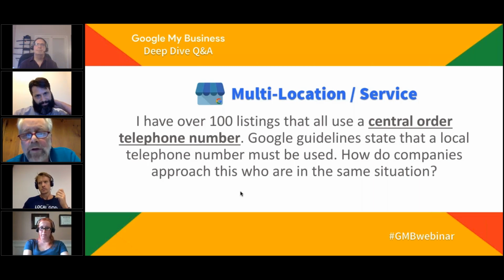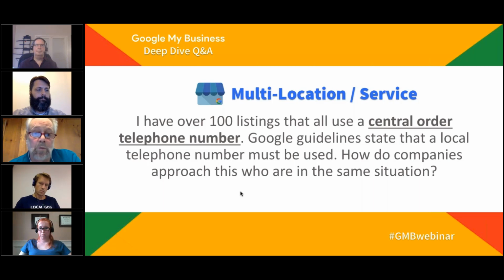I would add there's one other tactic, which is used by AT&T cell stores, which do have a local presence, but a lot of the calls coming into the local number are best handled at a national level. They use a sophisticated call tree. So the number is local, but choice 1 is get your billing update, choice 2 is get tech support, and choice 3 is contact the local location, which is what Google really wants: they want a person to be able to touch base with that location.